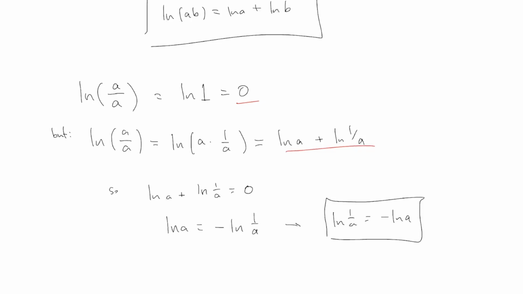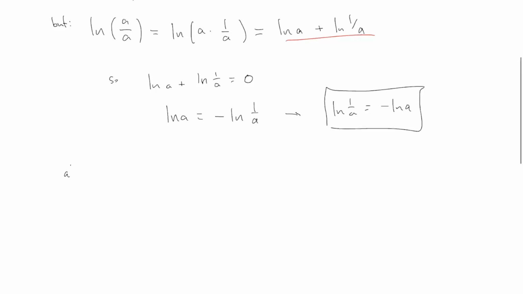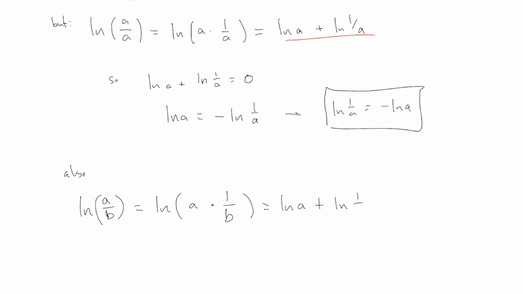All right? That was all starting with a over a, but in general we can also do something like the natural log of a over b. There's a formula for that, and this follows directly from what we've already done. You can separate a over b as a times 1 over b, and then split that up. Remember, log of product is log of the first thing plus log of the second thing.